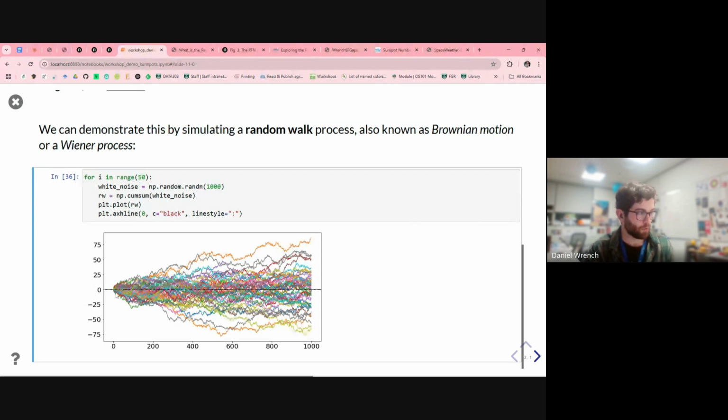Whereas if you look at what it's centered on, the expectation at each time point is 0. So the ensemble average of a random walk process is 0 at every time point. And that's the key that makes it not ergodic: as the length of the interval increases, the mean changes to a huge degree, but the ensemble average is always 0.